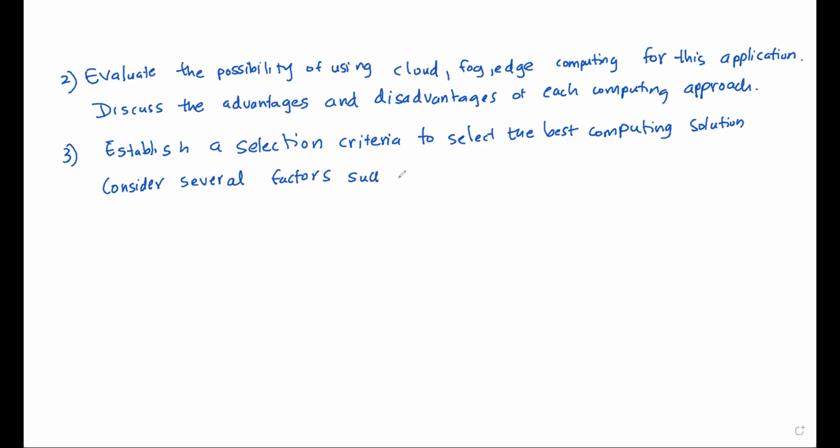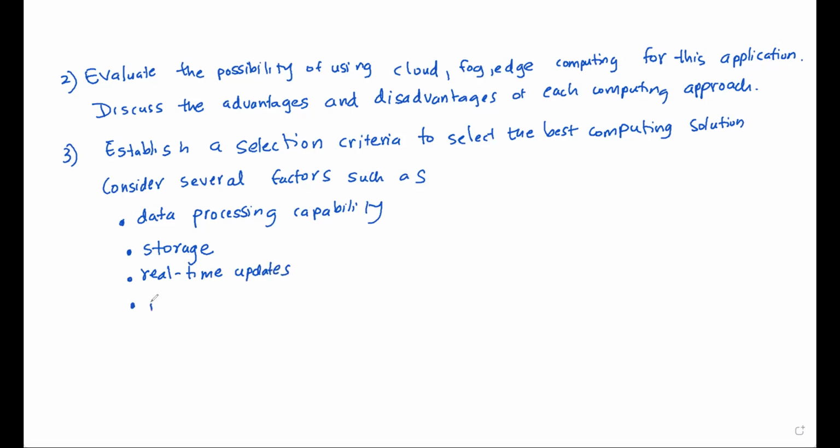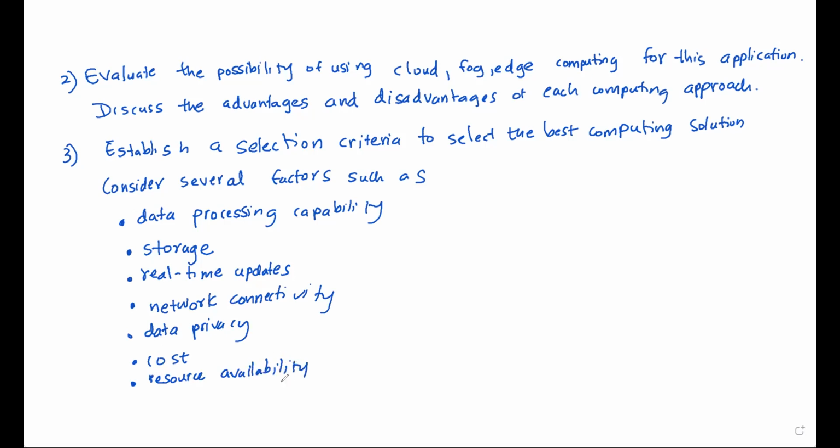So consider several factors such as data processing capability, storage, data store, real-time updates, network connectivity, data privacy, cost for implementation of the network of the IoT system, resource availability, right?